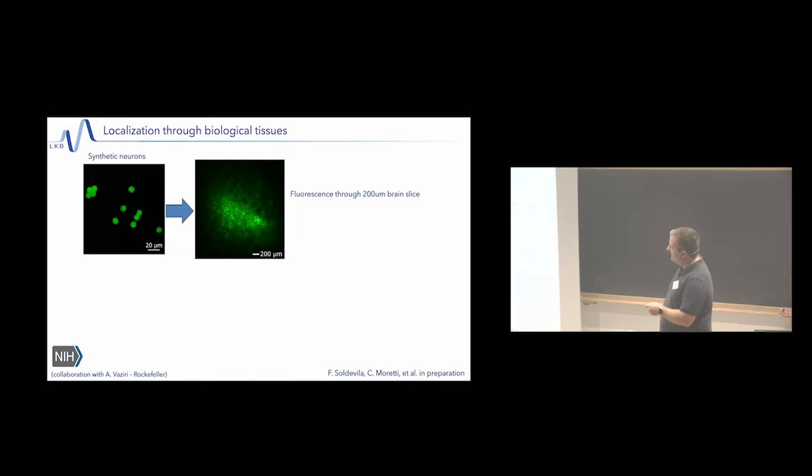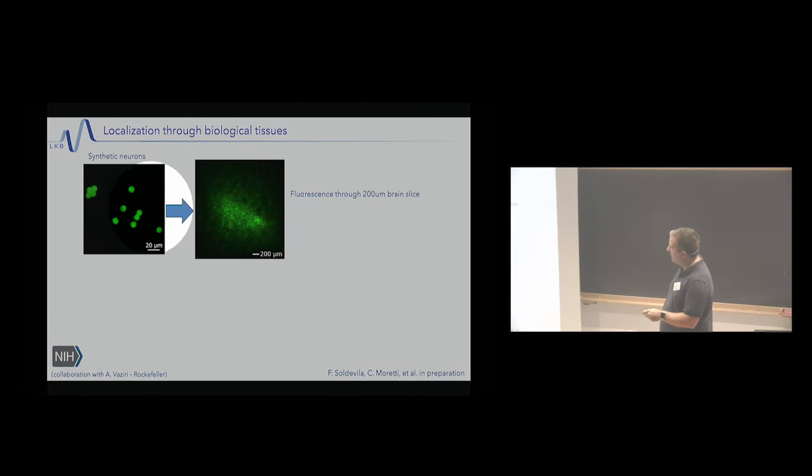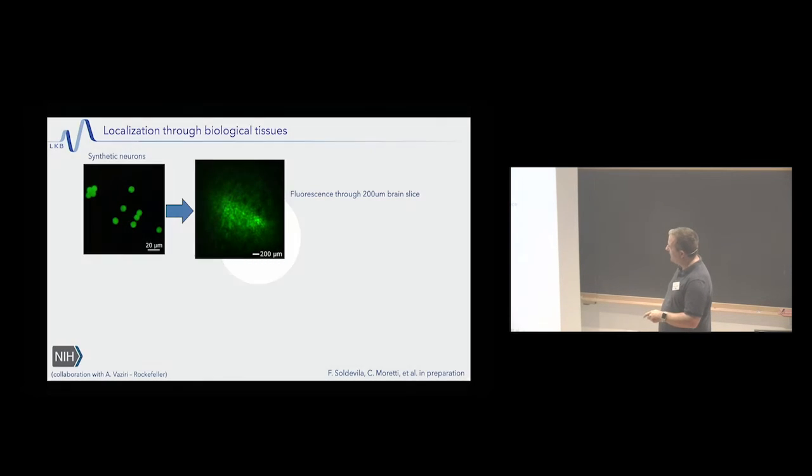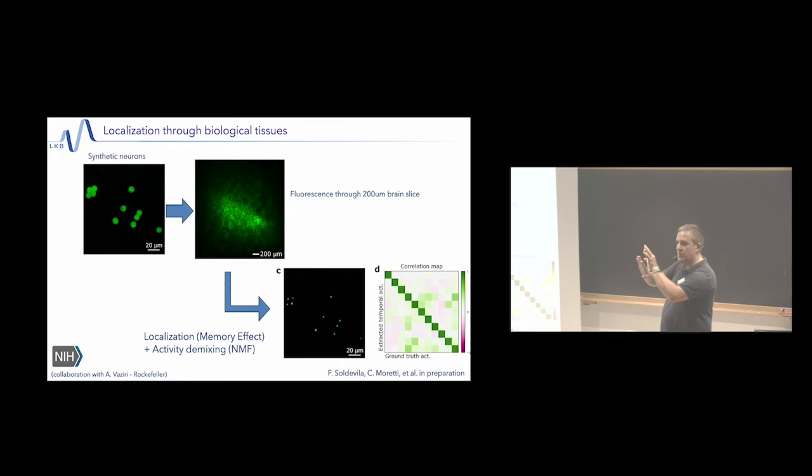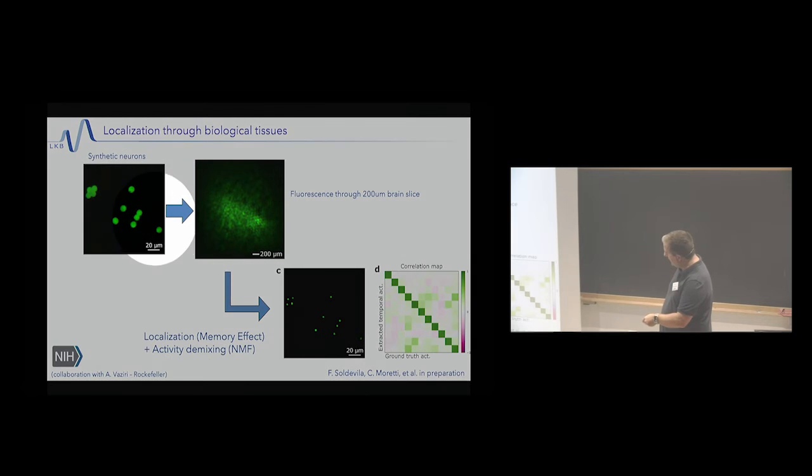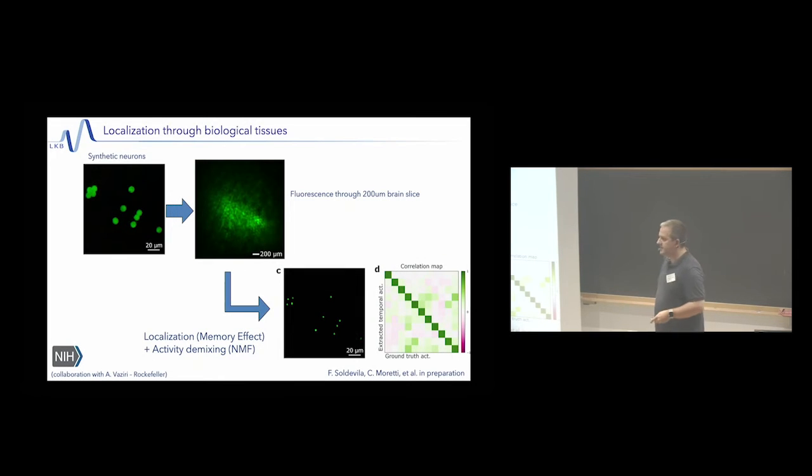The general idea is, if you have these neurons and you record this speckle, the correlation between these fingerprints, if there is some memory effect, may give you their relative position. And in this case, by correlating this speckle, we could retrieve the relative position between these neurons relatively accurately. So this is encouraging.